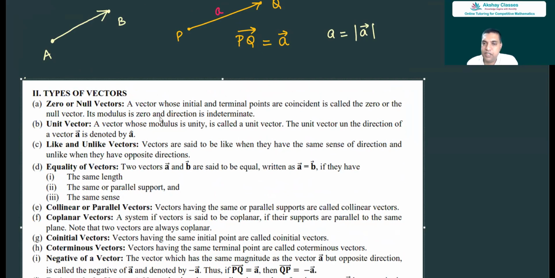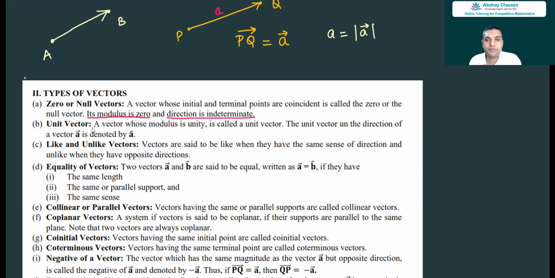So they are called zero vector. Now its modulus is zero, very important. Modulus of zero vector is zero, and the direction is indeterminate. You cannot ascertain the direction of the zero vector. It can be in any direction because initial and terminal points are coincident. From which direction they are coincident, we can't say that.